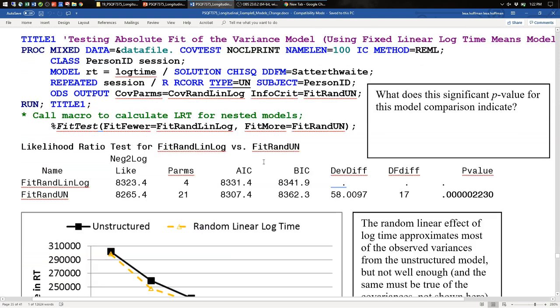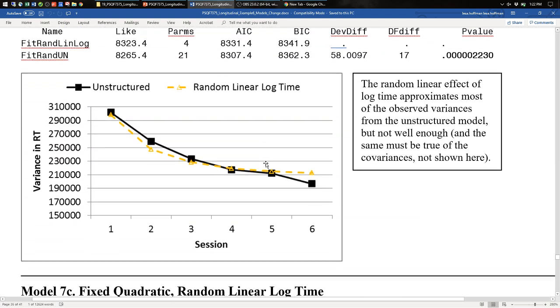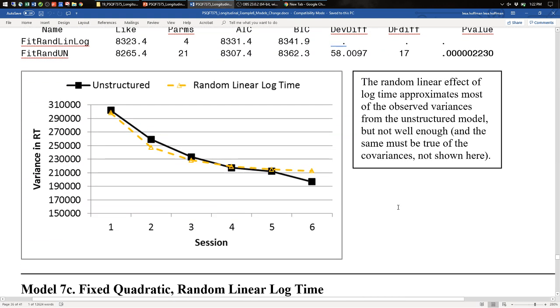It fit on the mean side, but not on the variance side. So this is the prediction of a random linear effect of log time in terms of the variances. You can see that it doesn't quite fit. And it's significantly different if you compare the predictions from that model to that of the unstructured.